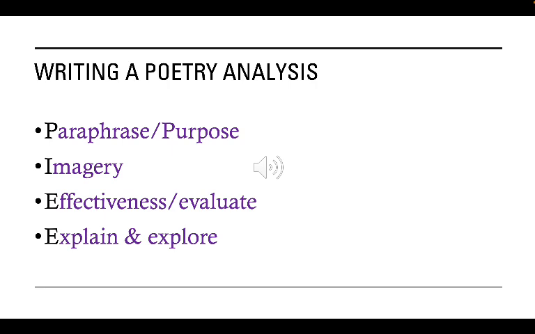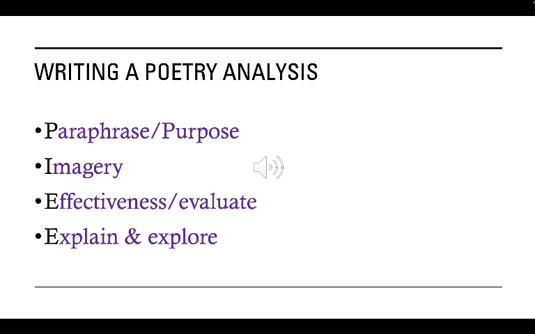The imagery can be connected to our figures of speech like metaphors, similes, onomatopoeia, alliteration, assonance, etc. All of our figures of speech can be used to describe the imagery that the writer intended to use. We have to identify these images to see the type of picture the poet tried to paint with these words.